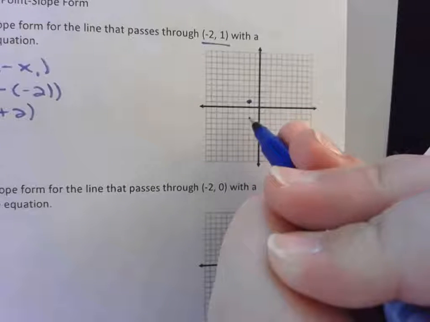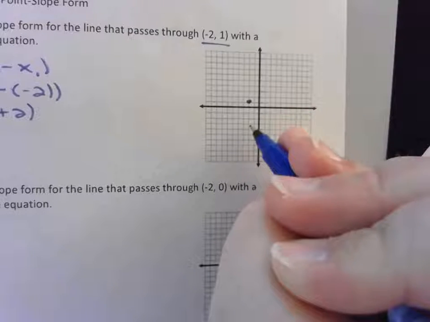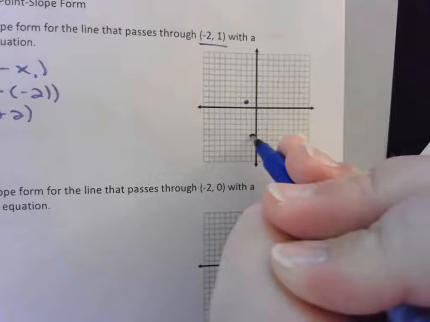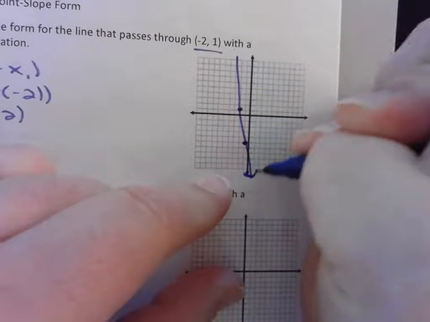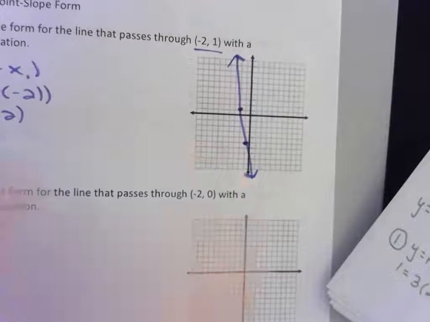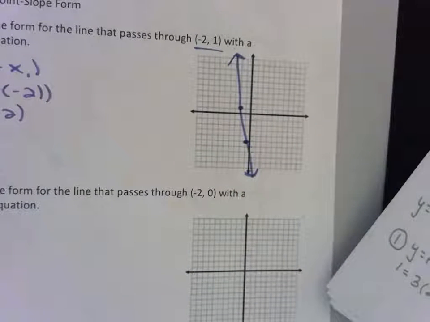So 1, 2, 3, 1, 2, 3, 4, 5, 6, right 1. Why do I know my line should be going downhill? My slope is negative. So, to graph it, you have a point, graph the point, graph the slope, down 6, right 1. There's your line.